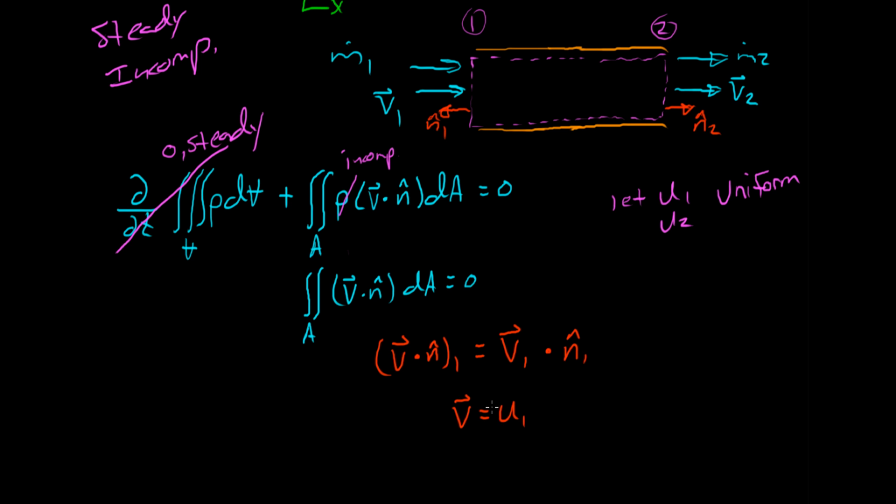Now we need the direction. Which way is it flowing? Straight horizontal in the x direction. The unit vector for x is i hat. How about the normal vector n1? n1 is pointing straight to the left in the negative x direction. In other words, n1 is equal to minus i.